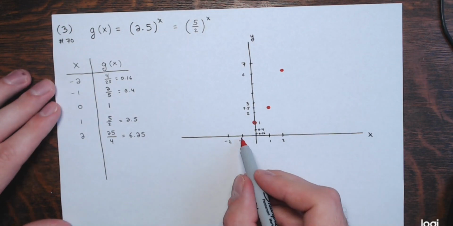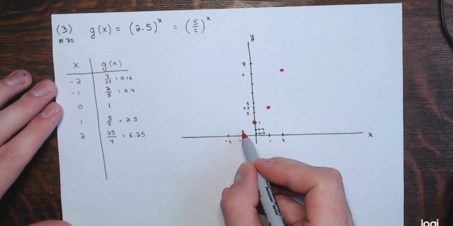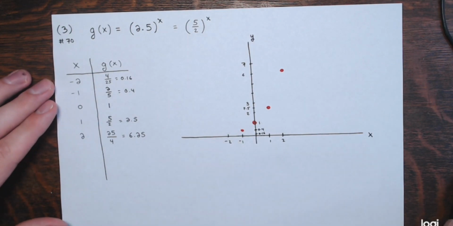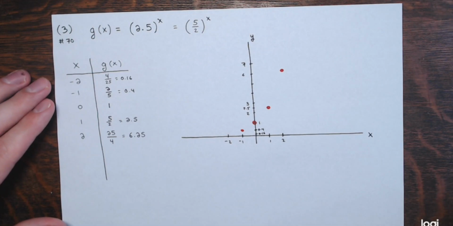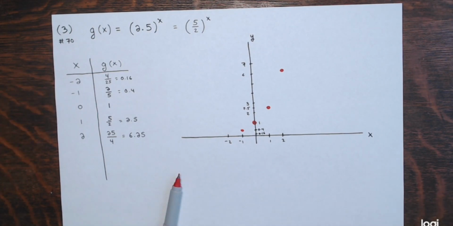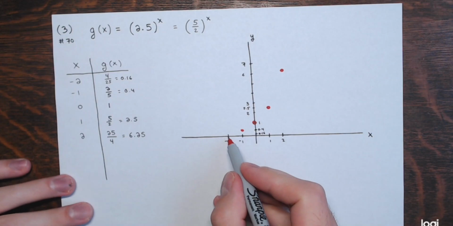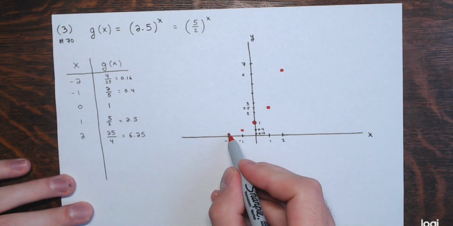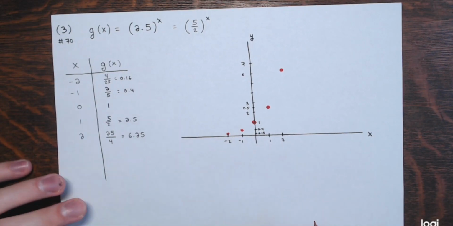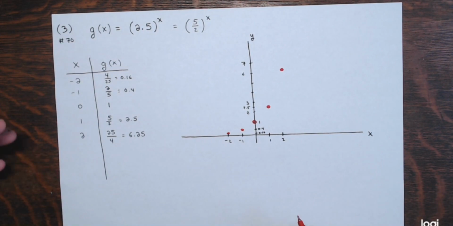Then -1, 0.4. Okay, and then input -2, output 0.16.